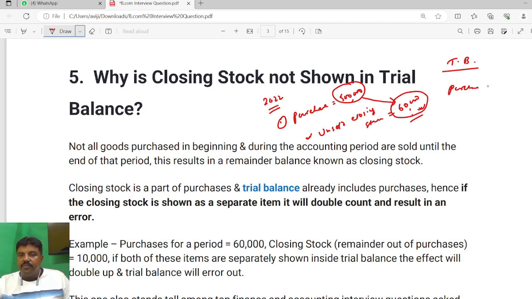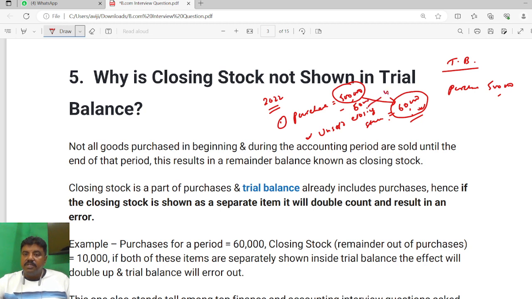Now in the trial balance, when I show purchase as 5 lakh, my total purchase, then this already includes the value of closing stock. So separately closing stock need not be shown in the trial balance because in this 5 lakh, closing stock is already included. But if this purchase is adjusted, meaning this closing stock is subtracted from this purchase.